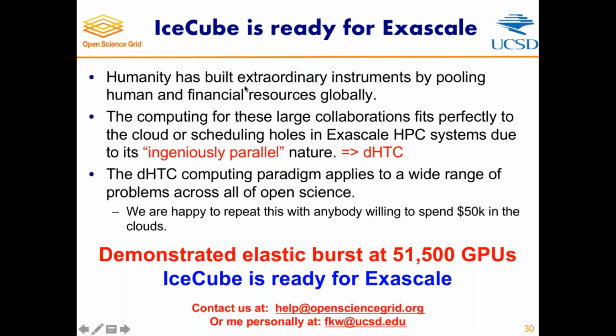Now, given that the human effort required to design, build, and operate these extraordinary instruments is truly global, the computing of these large collaborations fits perfectly to cloud scheduling or exascale HPC systems, because by its nature it is ingeniously parallel, meaning you can turn this both ways.